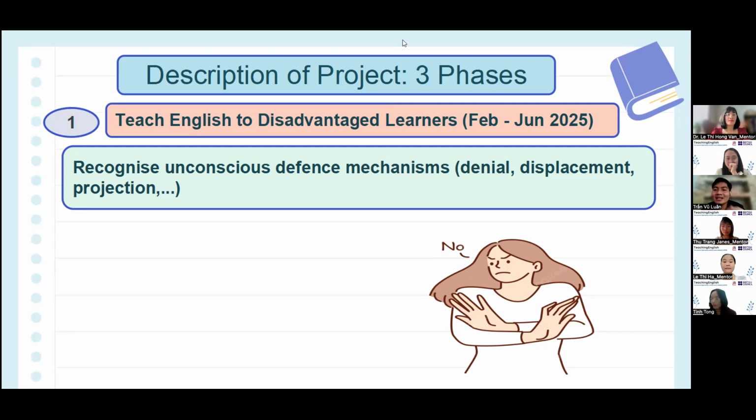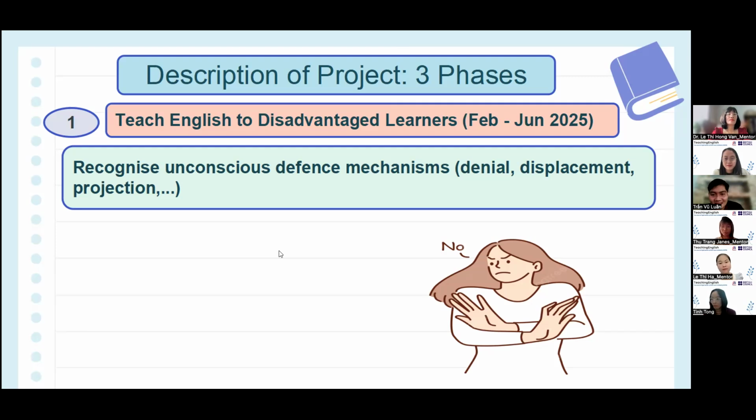You are normal students or good students, but they are disadvantaged students. Can you guess how they react to the situation? They will react to the situation in a different way.